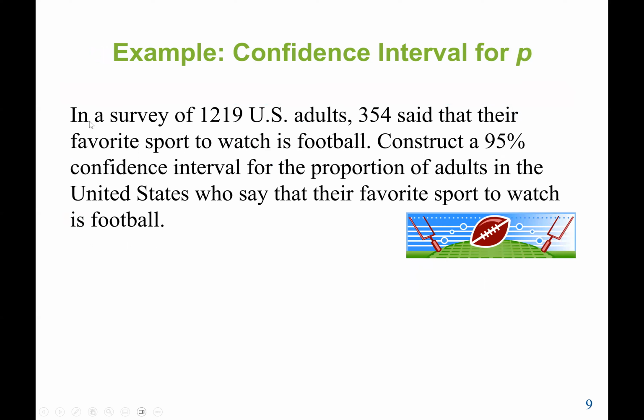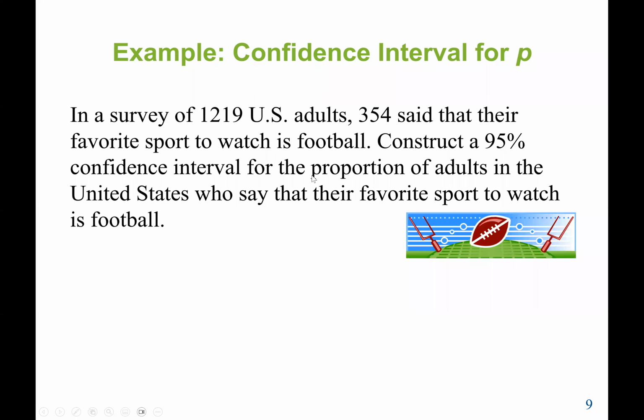So here we have an example: in a survey of 1219 US adults, 354 said that their favorite sport to watch is football. We should construct a 95% confidence interval for the proportion of adults in the United States who say that their favorite sport to watch is football.